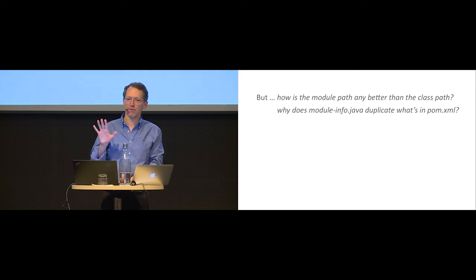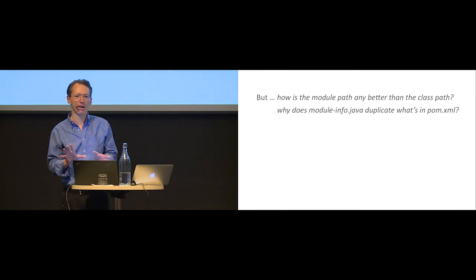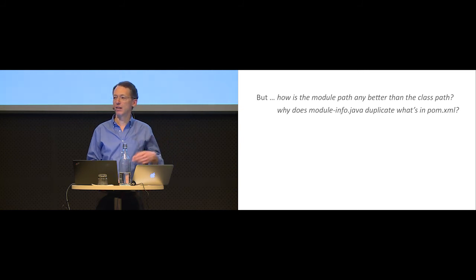Module-info.java is for the module system. Pom.xml is for a build system. They're solving related problems, but different problems. So it's okay that there's redundancy. It's a little bit unfortunate. I'm hopeful that over time, build systems like Maven, Gradle and whatnot will be more aggressive in how they support the module system so that there's less redundancy here. But for now, yeah, there's a little bit of redundancy.